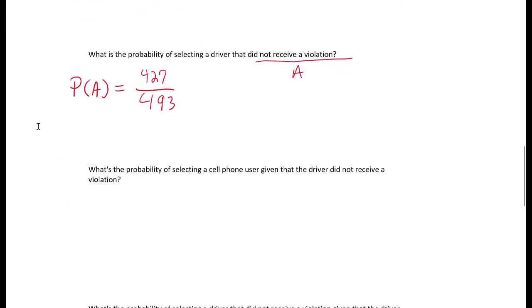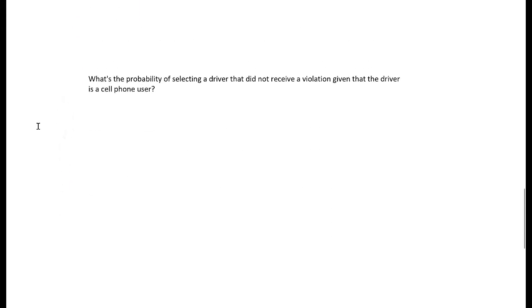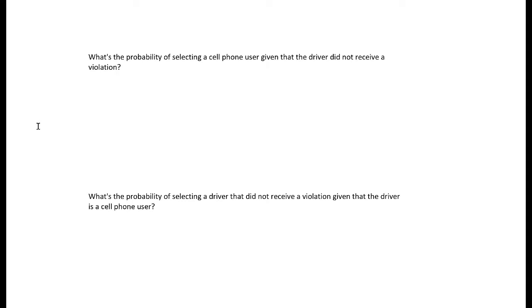Okay. I think just a couple more here. What is the probability of selecting a cell phone user given that the driver did not receive a violation? The super key word here is given. That means now we are dealing with a conditional probability.